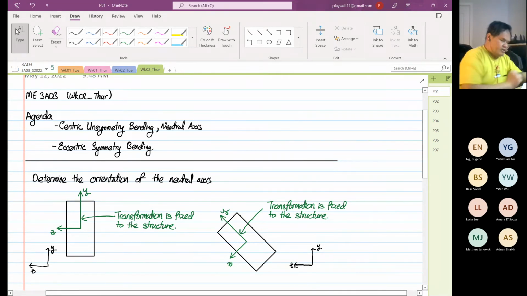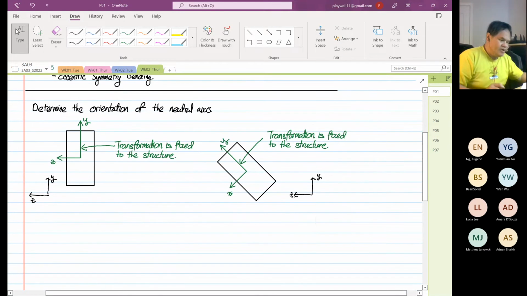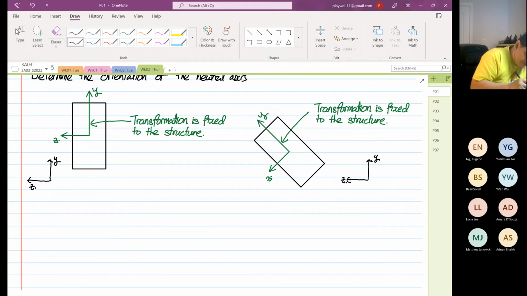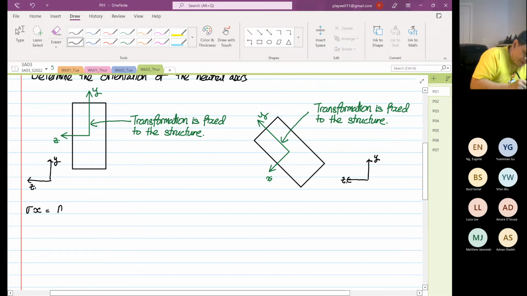So we were going to determine the orientation of the neutral axis, and over here our structure is under centric unsymmetrical bending. We were looking at the formula to apply to this structure: stress X is equal to My over Iyy multiplied by z, minus Mz over Izz multiplied by y.